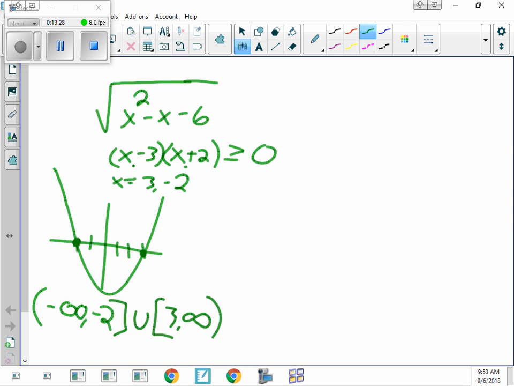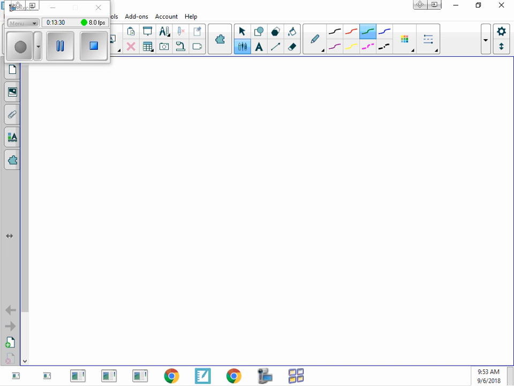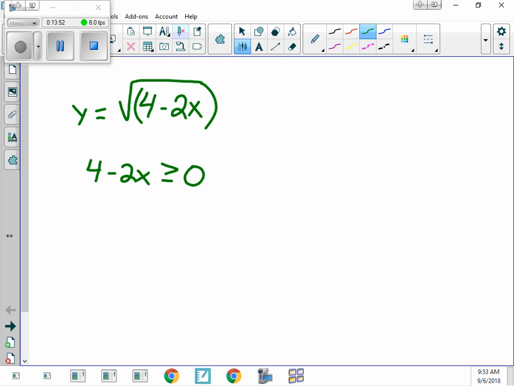Okay. What if I had... Oh, let's do this. Here I want to make sure that this stuff is 0 or bigger. So 4 minus 2x has to be greater than or equal to 0.